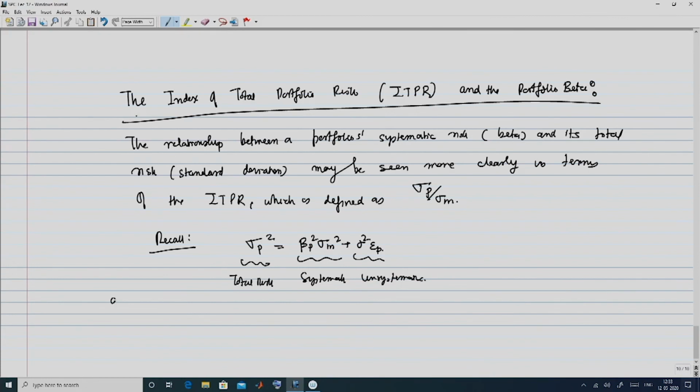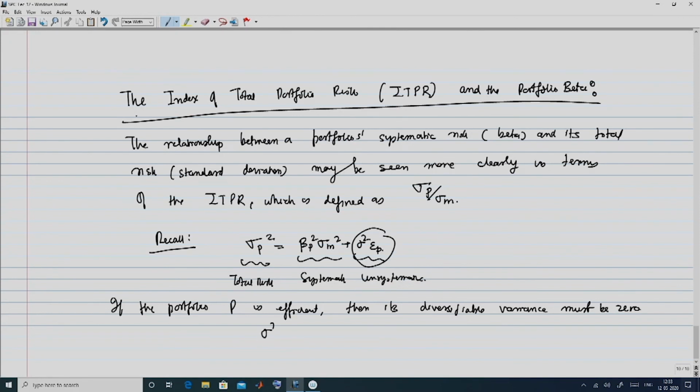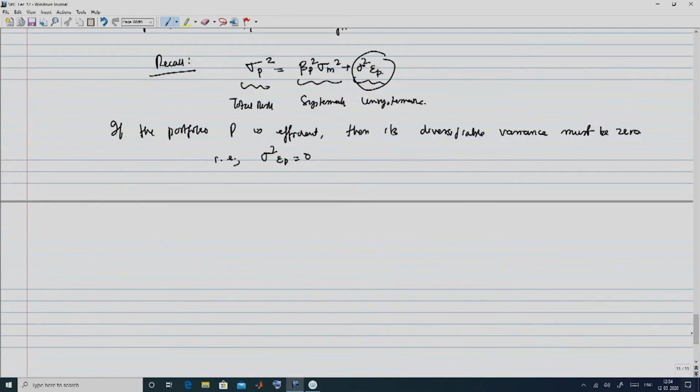Okay, now if the portfolio P is efficient, then its diversifiable variance, that means the unsystematic risk, must be 0. So, this means that sigma square epsilon p is equal to 0.